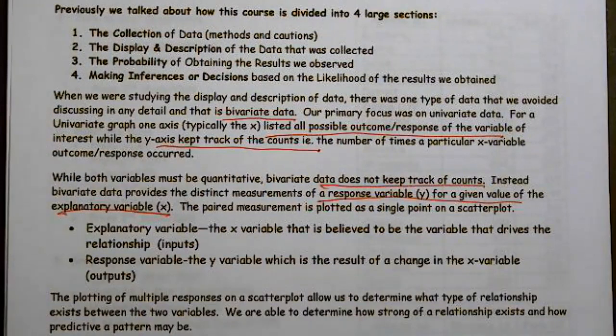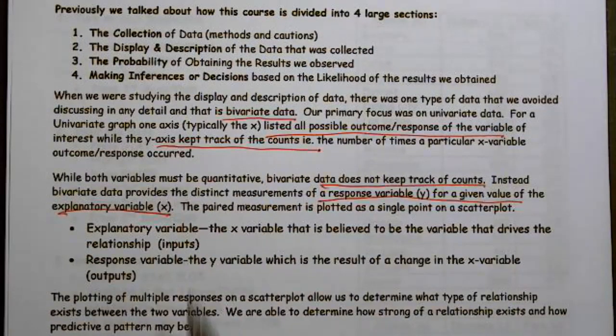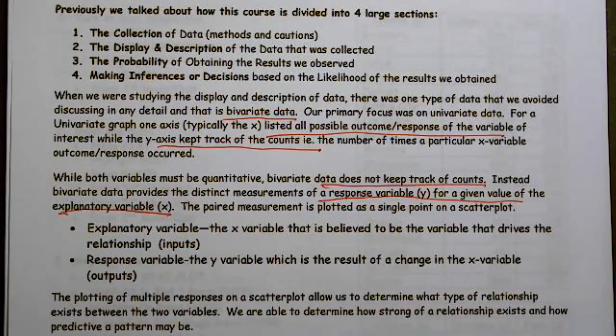So once again, our explanatory variable is X, and it's the variable that drives the relationship. In other words, it's our basic inputs, just like you talked about when you were in Algebra 1. And our response variable is the Y, the variable which is the result of a change in the X variable. But with what we're working with, in regression and bivariate data, we believe that there is a relationship between those variables.